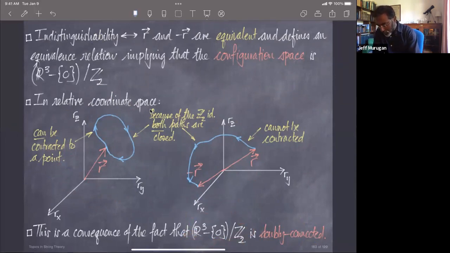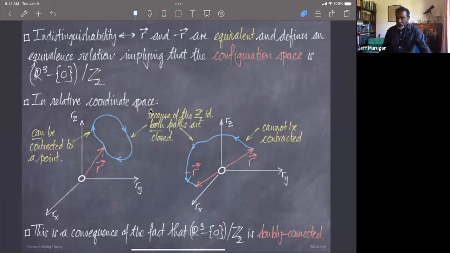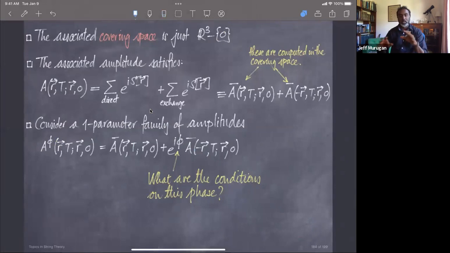So in principle, I should subtract off the origin, R3 less the origin, modded out by Z2. Which told us that our amplitude can be split up into two separate parts, one the sum over direct paths and the other the sum over all paths in which the particles are exchanged.